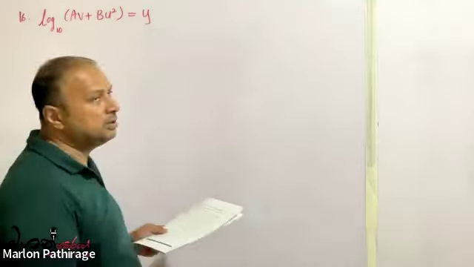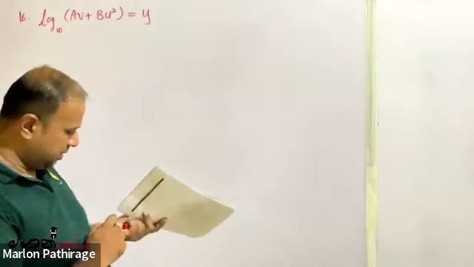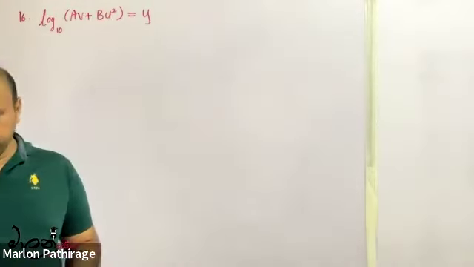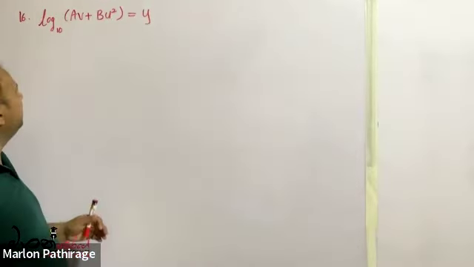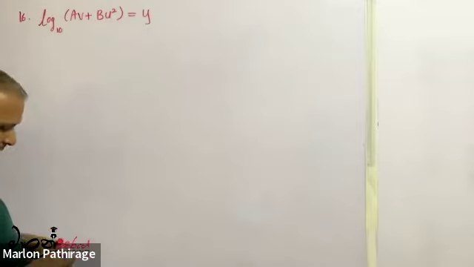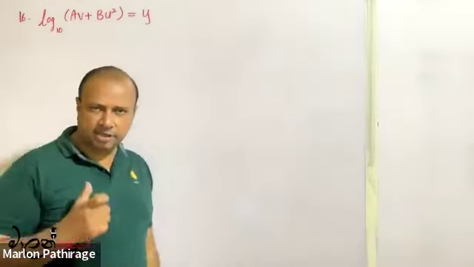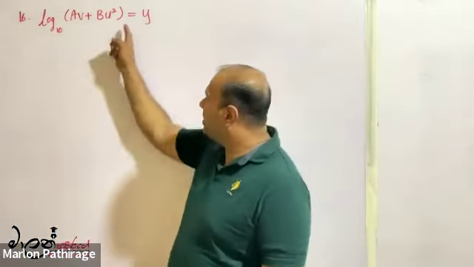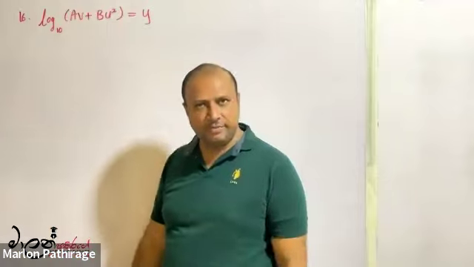V and U are velocities. Now it is very clear. The inside expression of a logarithm function is a number.